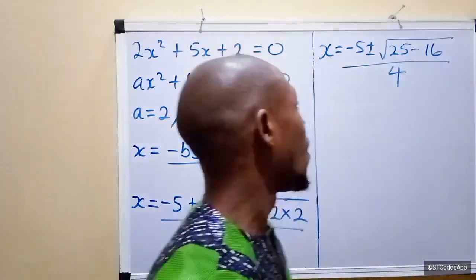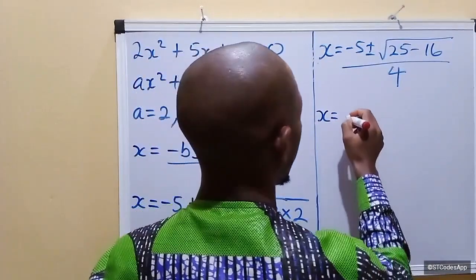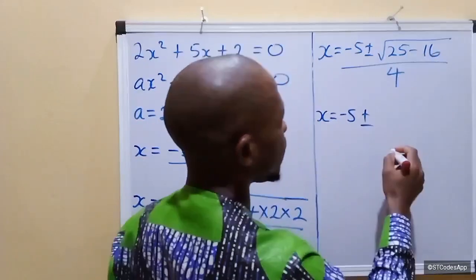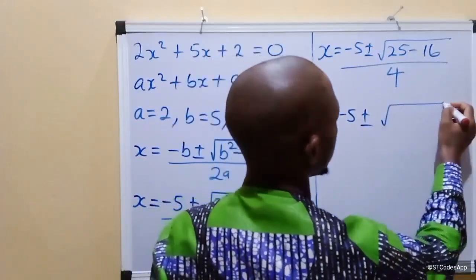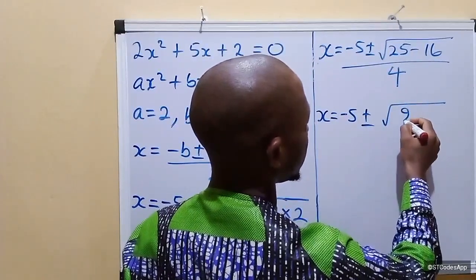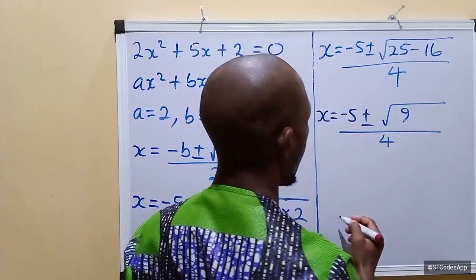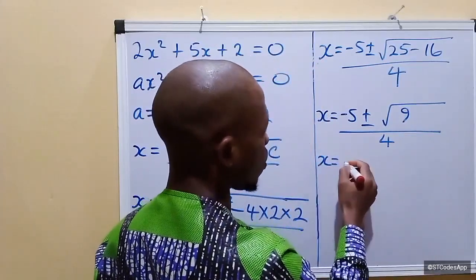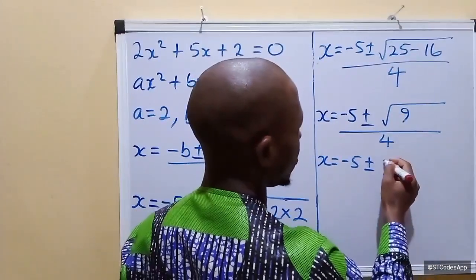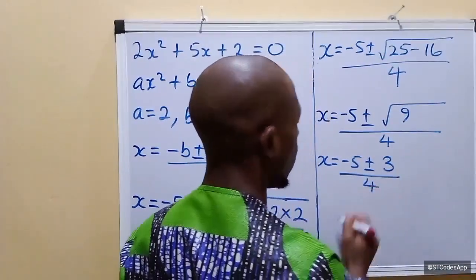Let's continue. Okay, now we have x is equal to minus 5 plus or minus the square root of 25 minus 16 is 9, and then we have all over 4. So x equals minus 5 plus or minus square root of 9 is 3, then we have all over 4.